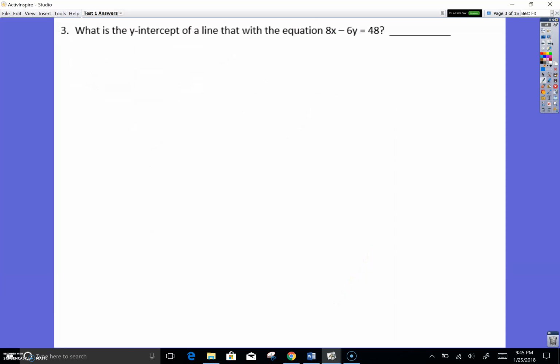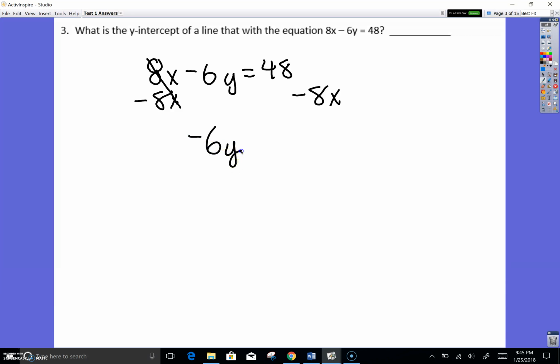Number 3. What is the y-intercept? We solve for y. First thing I do is subtract the 8x on both sides. This cancels. I get negative 6y equals negative 8x plus 48.